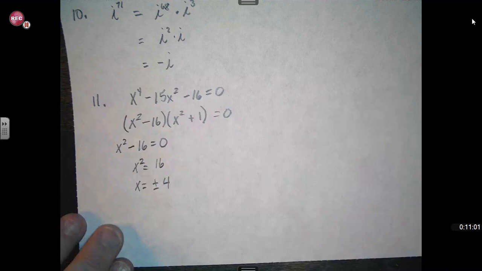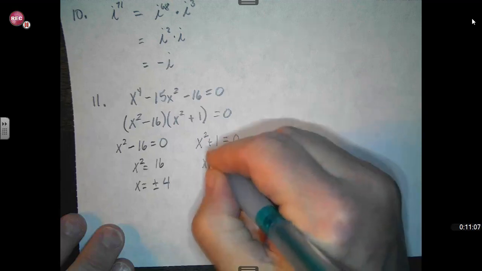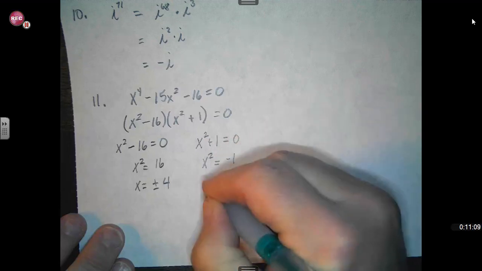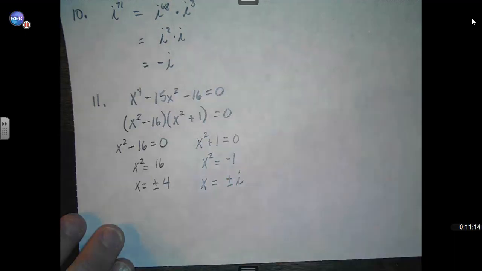And then move 16 to the other side, take the square root of both sides, x is plus or minus 4. Same thing here, x squared plus 1 equals 0. So x squared equals negative 1. x is plus or minus i, because plus or minus i is the square root of negative 1.